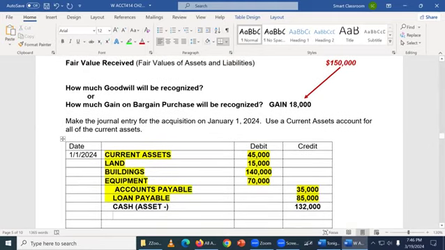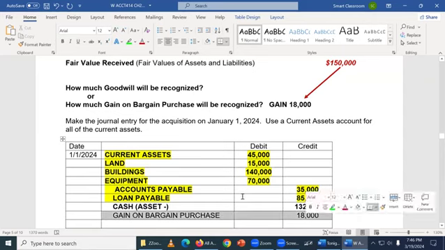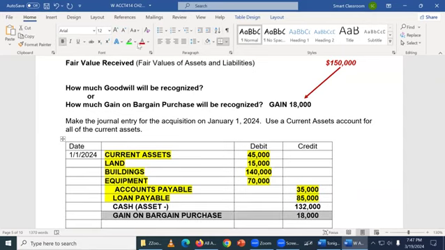We'll have a gain on bargain purchase. And this is one of the very few situations where you can actually recognize a gain on a purchase. For the most part, it's a no-no.